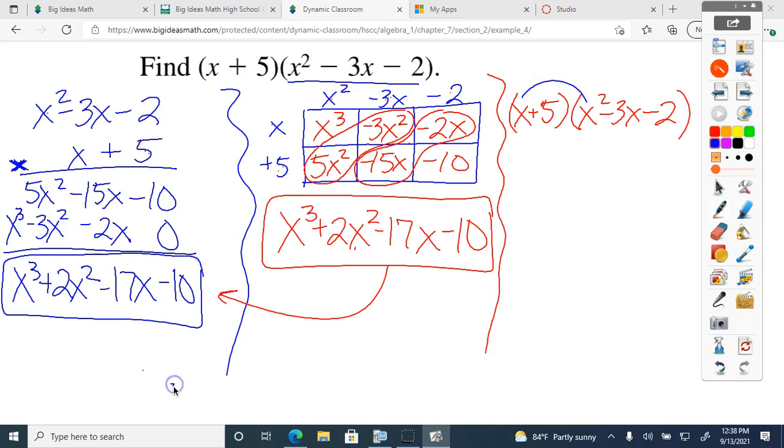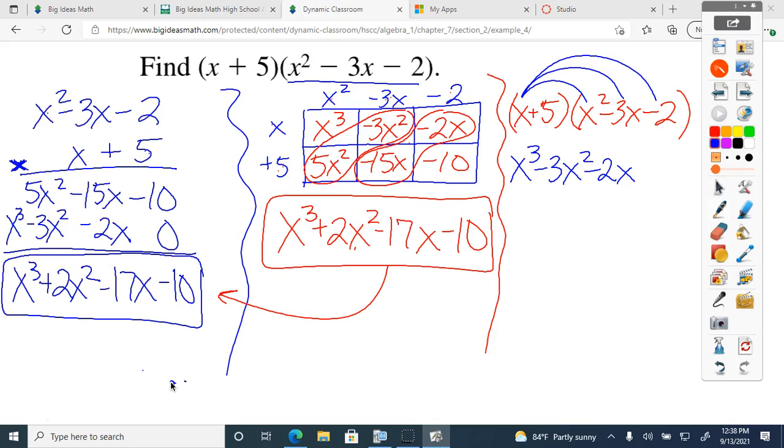X cubed. X times negative 3x is negative 3x squared. X times negative 2 is negative 2x. That takes care of the x.